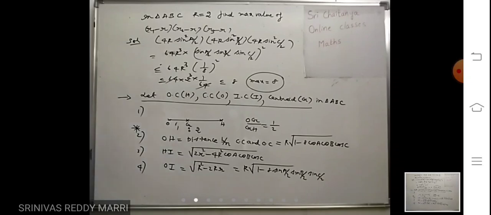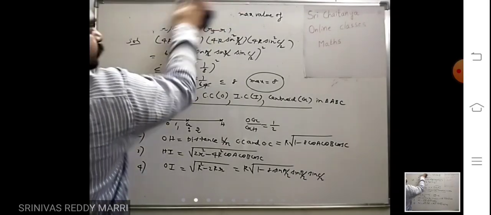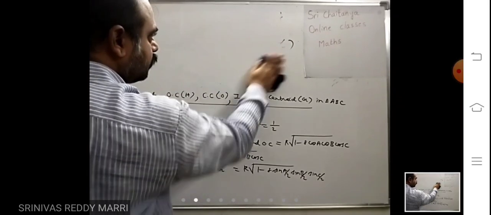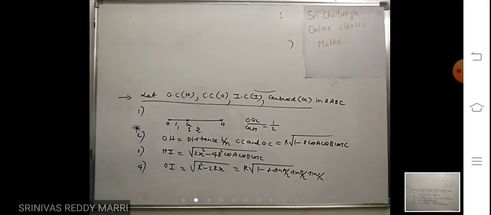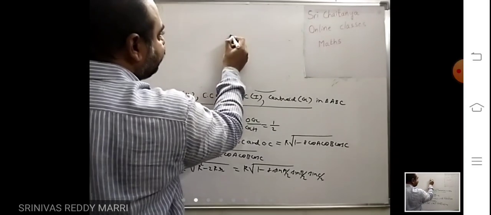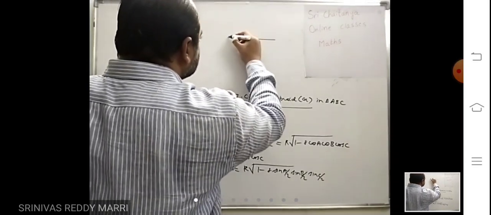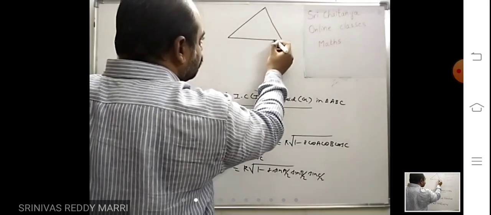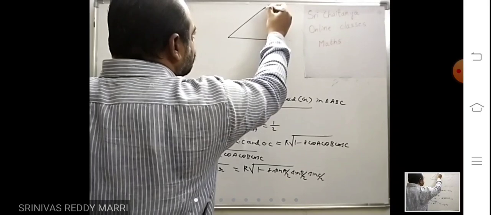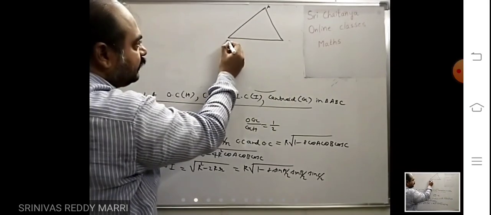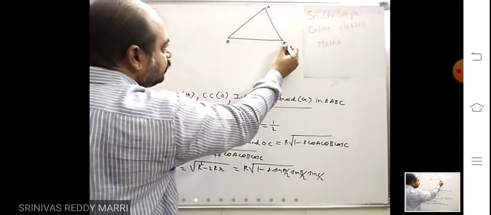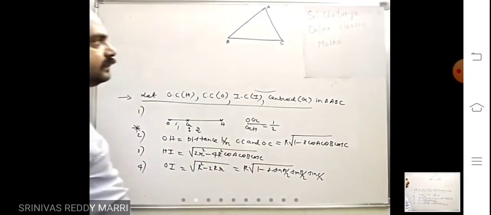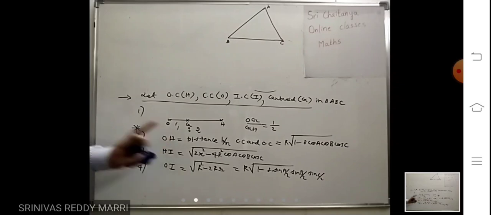Look at this one, the distance between orthocenter and circumcenter. I will tell the proof. All of you listen carefully. In triangle ABC, you have to calculate the distance between orthocenter and circumcenter.